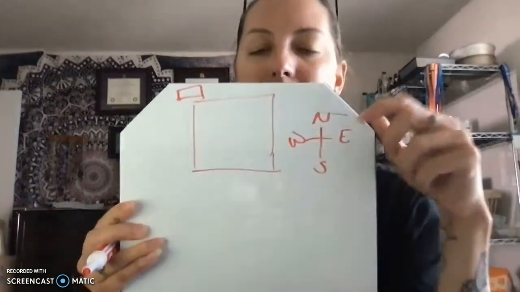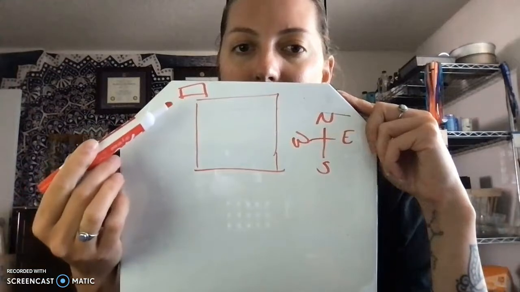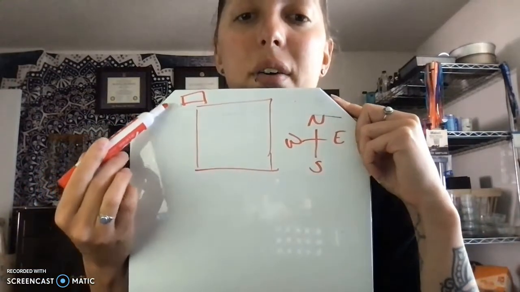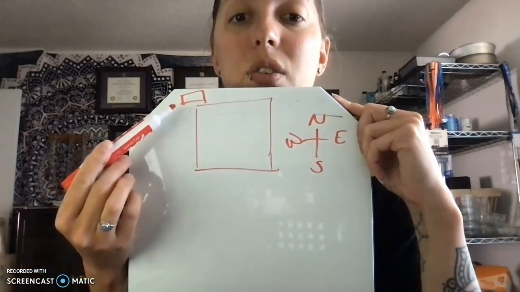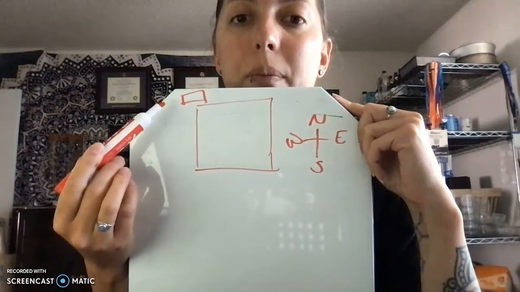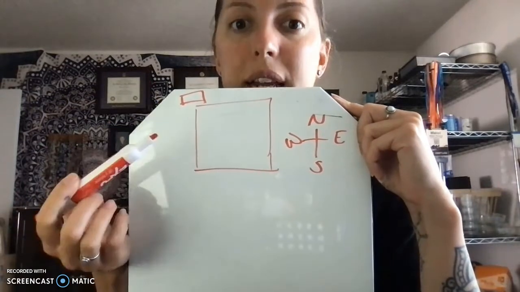So what I mean by that is on your map, you're going to have a reading. So here's kind of my little thing here. On your map, you're going to have an indication of the latitude in terms of degrees, minutes, and seconds.